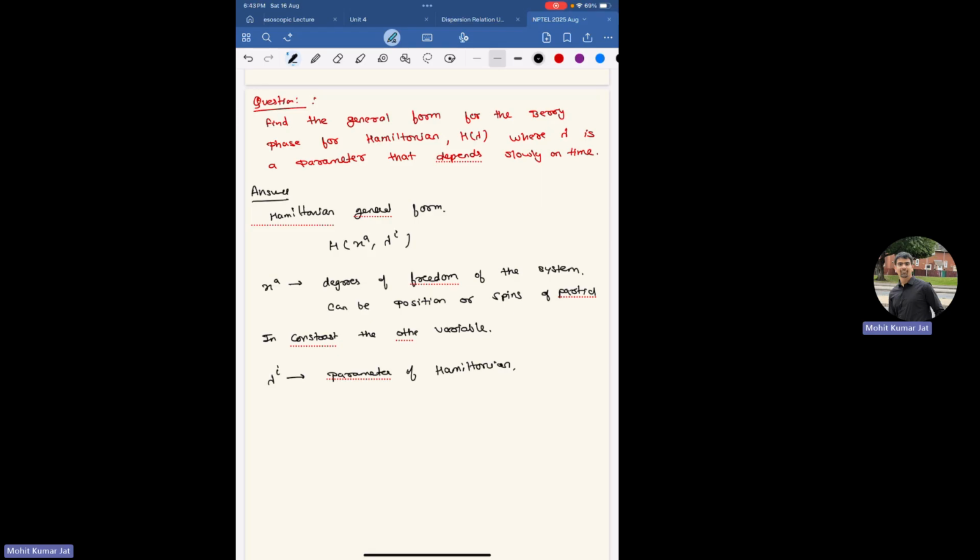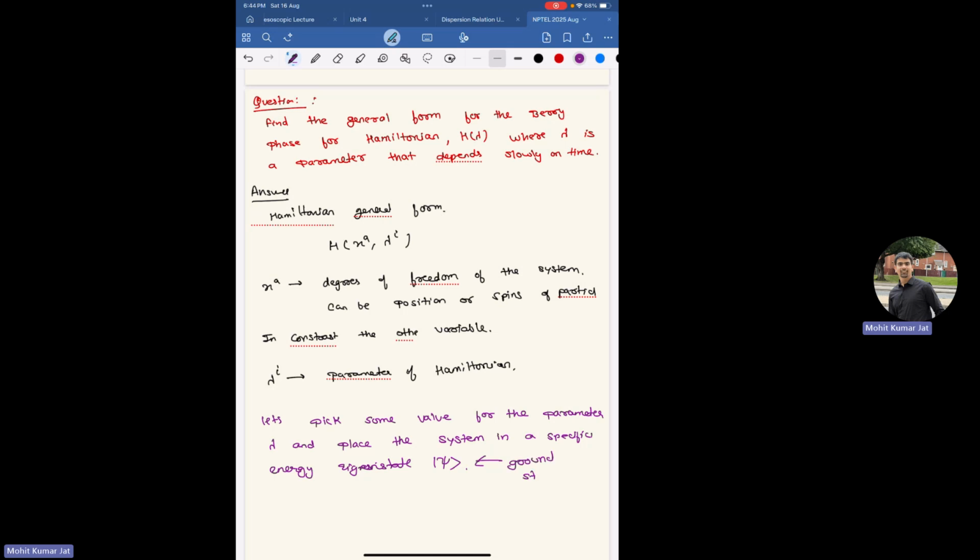And now comes the game. We pick some values for the parameter lambda and place the system in a specific energy eigenstate psi.